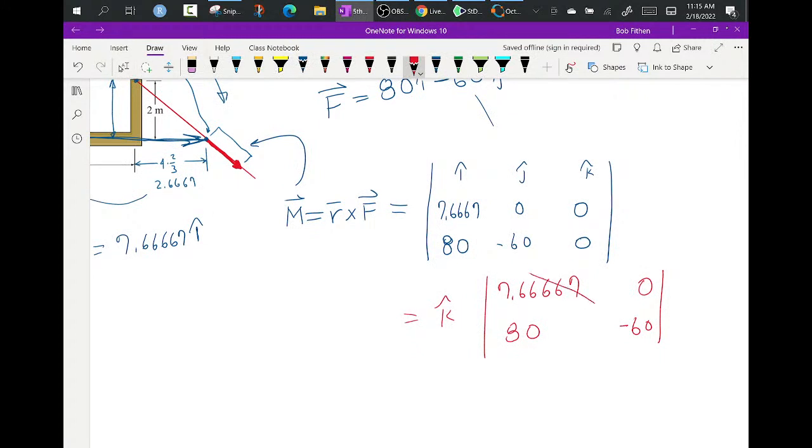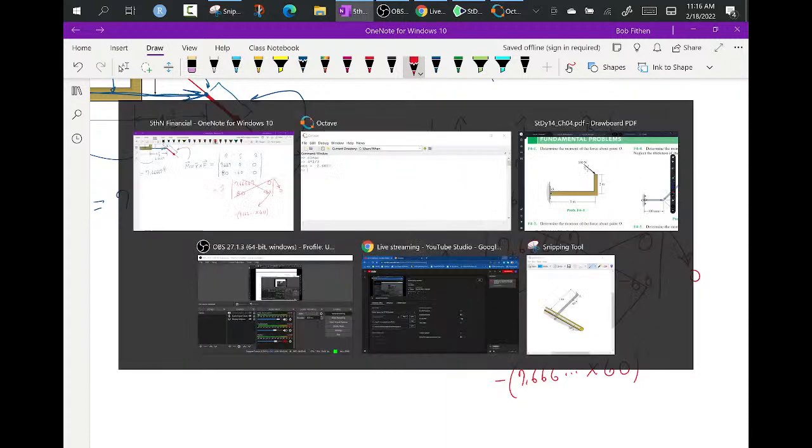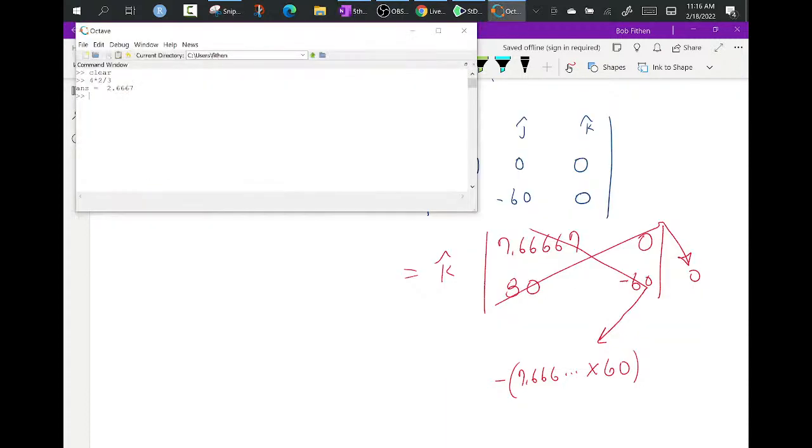Of course, this will give you a number which will be minus 7.666 times 60, and then this will give you nothing. So let's take a look, here's what we'll do.